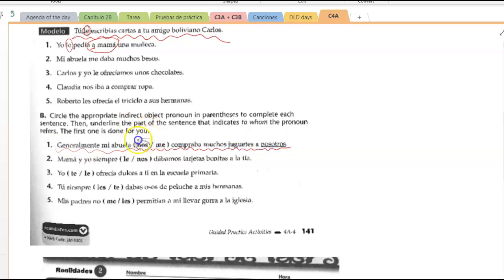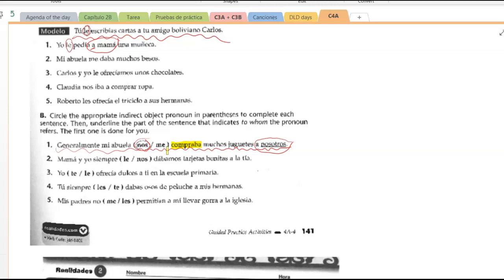Why do we know that it's nos? Because it says a nosotros. And again, it's in the imperfect. So used to buy or bought. Generally, we are going to use the translation for used to buy. But in some situations, we can say also bought.